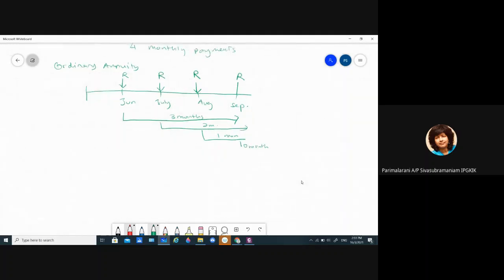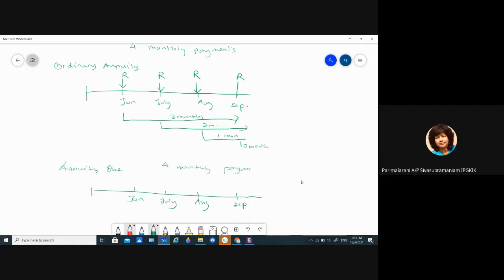But for annuity due, say we have the same number of months, June, July, August, and September. And we also make 4 payments. But this time, we are making the payments at the beginning of the month.